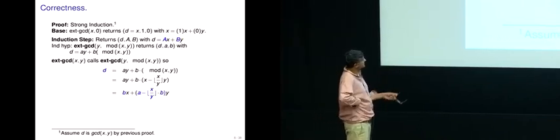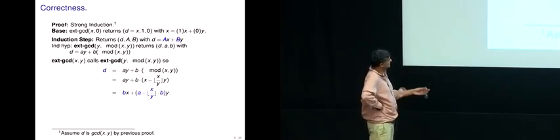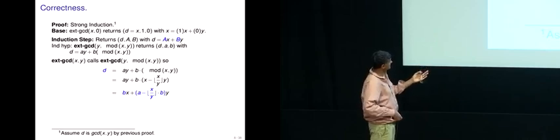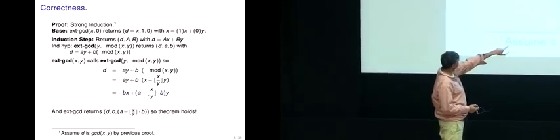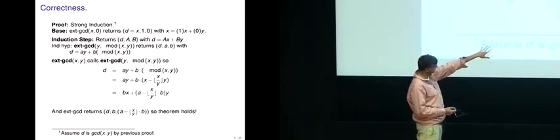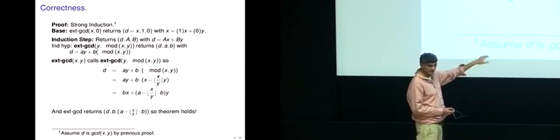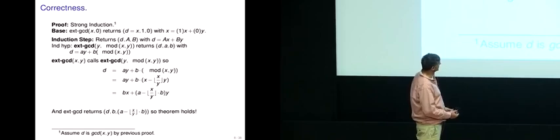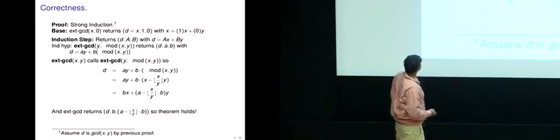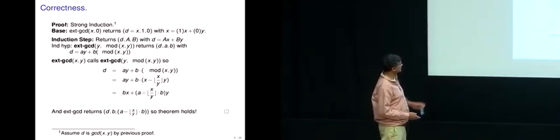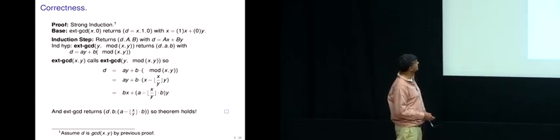That is exactly what the extended GCD returns. It returns what it gets from the first guy, right? It returns b, okay? And then it returns a minus the floor of x divided by y times b. Okay, so that's what it returns. And so therefore, if it returns these two, we see that this equation is satisfied by induction. Okay? Okay. I should maybe put that line first.